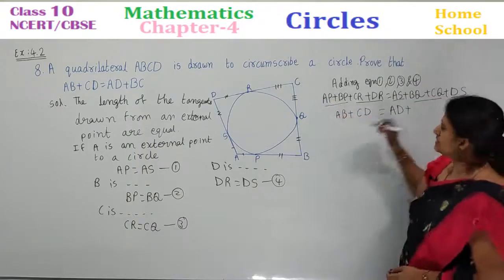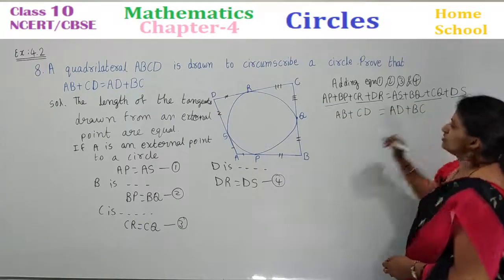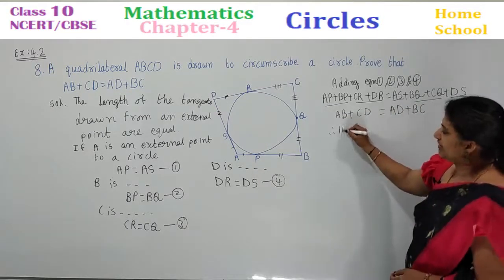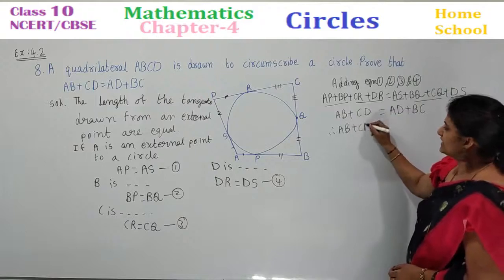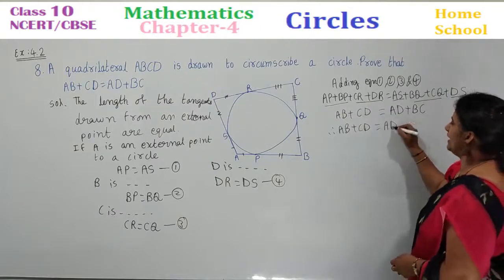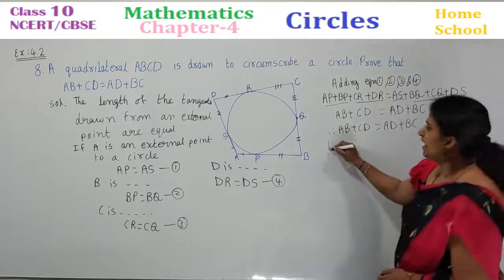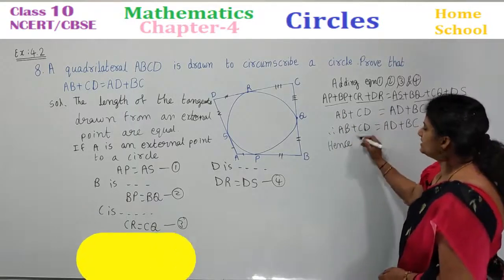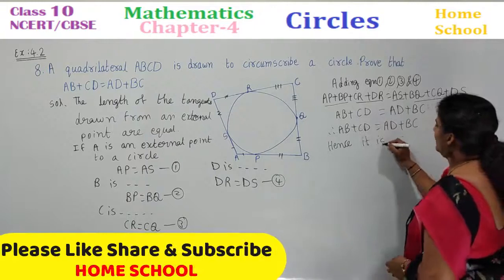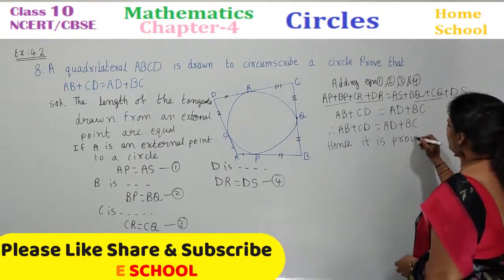BQ plus CQ is how much? BC. So finally what can I say? Therefore AB plus CD is equal to AD plus BC. This is the thing we need to prove, right? Hence, the final statement: hence it is proved.